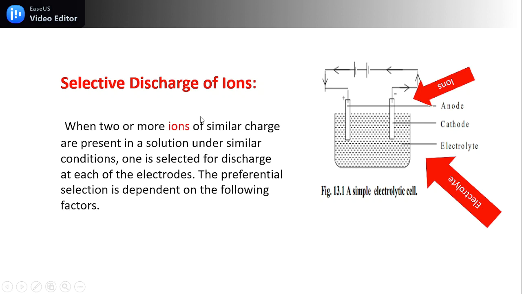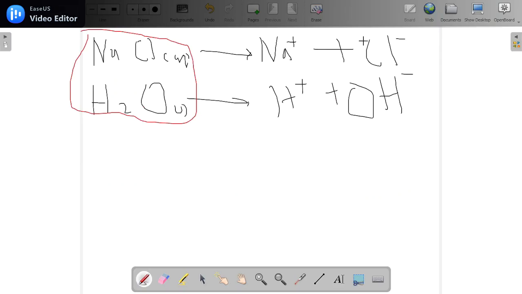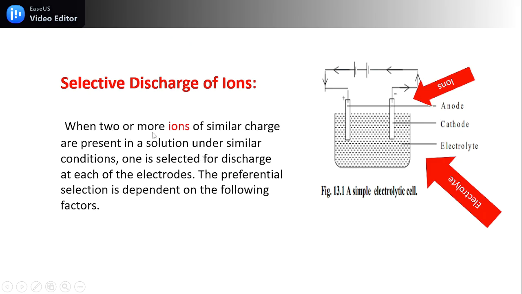So when two or more ions of similar charge are present in a solution, and we have these two in the solution already, sodium chloride and water, and this here is positively charged, while this is positively charged. That's what it's saying, that when two or more ions of similar charge are present in a solution under similar conditions, one is selected for discharge at each of the electrodes.